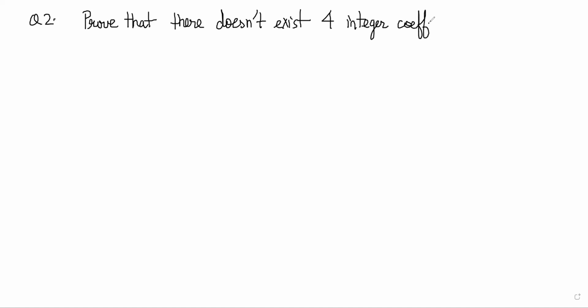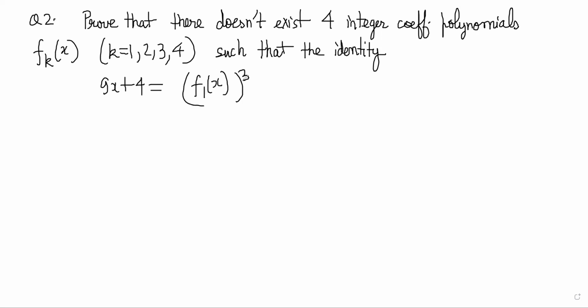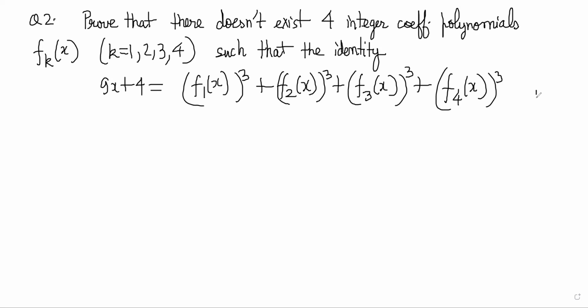Let's look at another problem. Prove that there doesn't exist 4 integer coefficient polynomials f of k of x, where k goes from 1, 2, 3, 4, such that the identity 9x plus 4 is equal to f of 1 x whole cube plus f of 2 x whole cube plus f of 3 x whole cube plus f of 4 x whole cube is true.